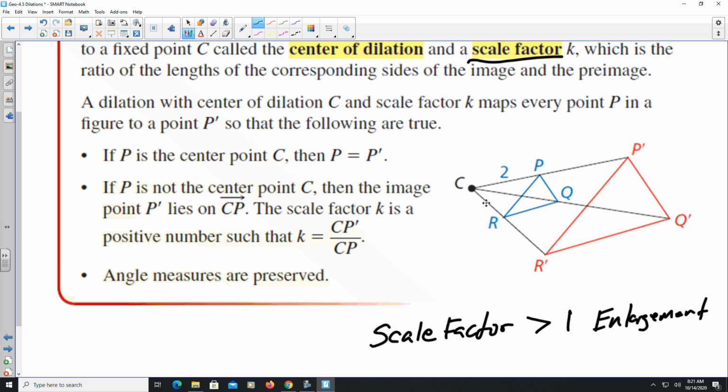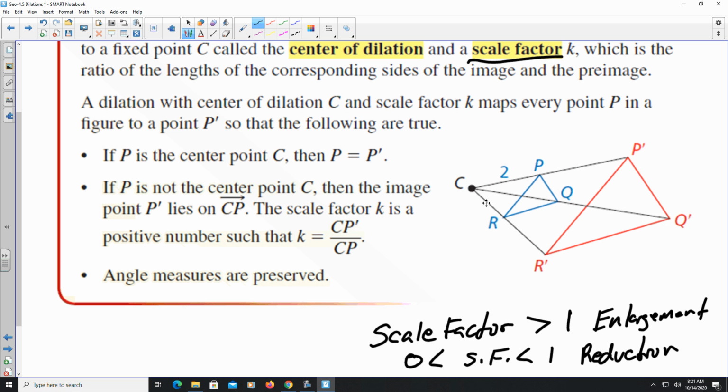If your scale factor falls between 0 and 1, it's going to be a reduction.